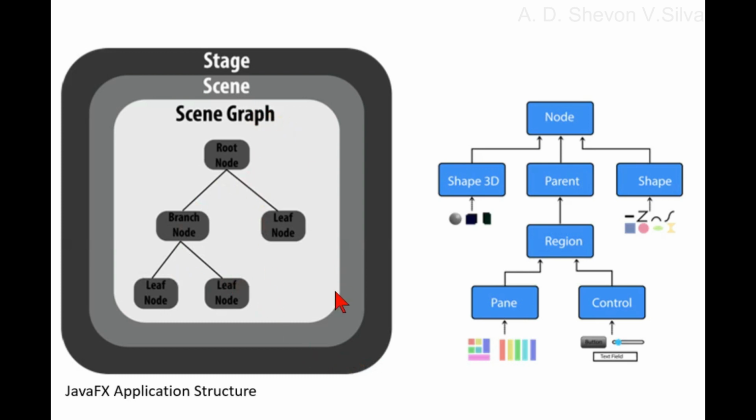A node may be any object of the user interface, like text area, button, shapes, media, etc.